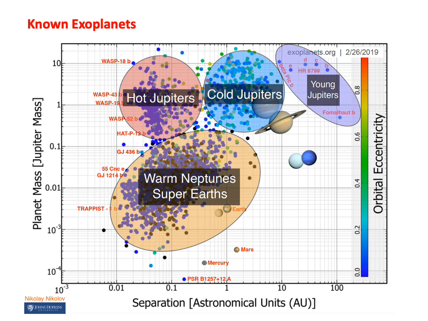It's just that the 1 has been shifted, and we see that these warm Neptunes and super Earths, like I said, are in close to their stars. They can orbit between 10 days and 90 days or so, at about 1/10 of an astronomical unit, some of them almost 0.01 astronomical units.